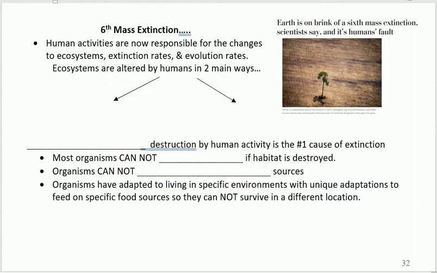And they say it's going to be the humans' fault. There are 2 reasons. The first one is our ecosystems are being altered by humans. The first is habitat destruction. And then the second one, of course, is pollution.